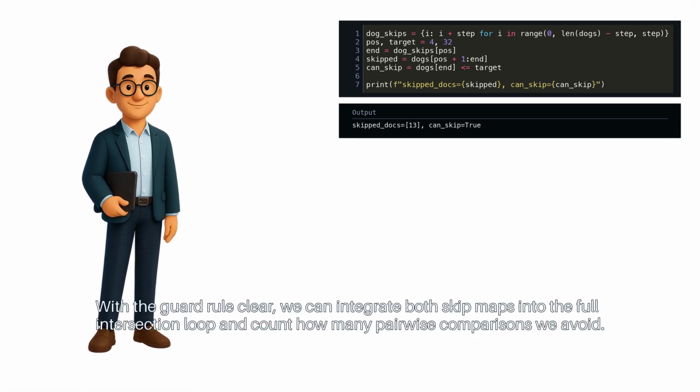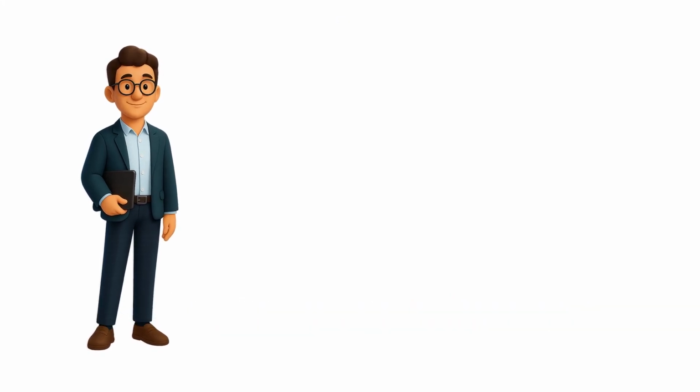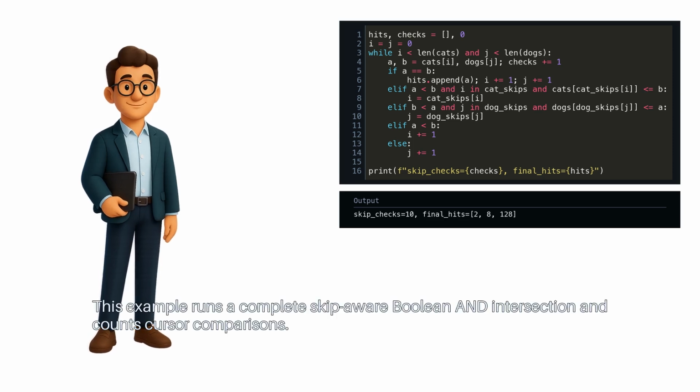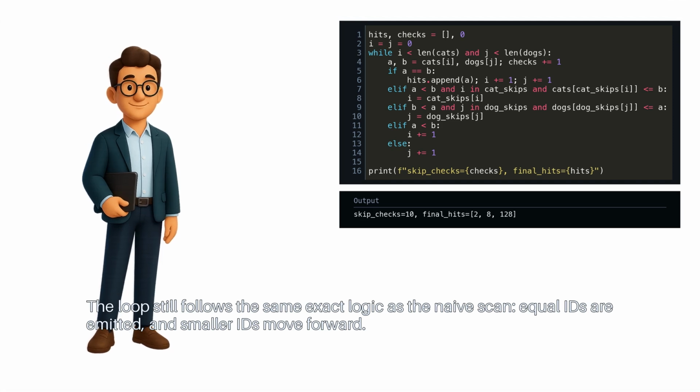With the guard rule clear, we can integrate both skip maps into the full intersection loop and count how many pairwise comparisons we avoid. This example runs a complete skip-aware Boolean AND intersection and counts cursor comparisons. The loop still follows the same exact logic as the naive scan. Equal IDs are emitted and smaller IDs move forward.